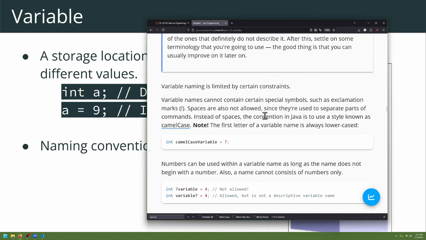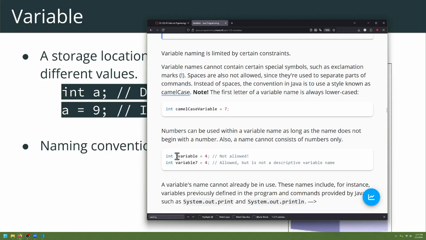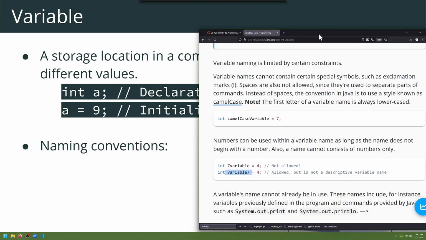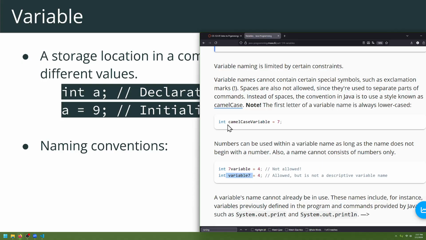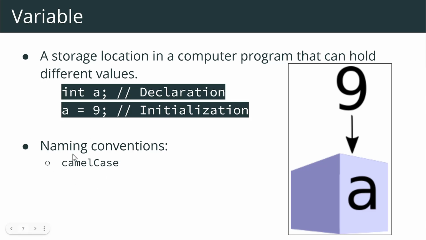They'll talk about illegal names and legal names, and some conventions as well. In conventions, I'm talking about how people name their variables. One example is called camel case. Camel case is kind of a metaphor for an uppercase in the middle. We would start with lowercase, and then on the next syllable, it would be uppercase.